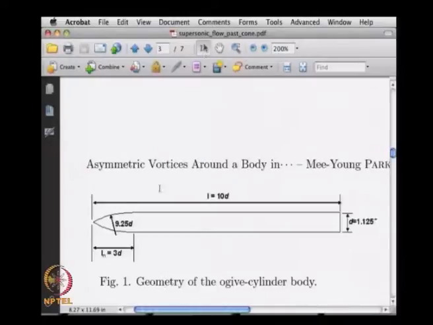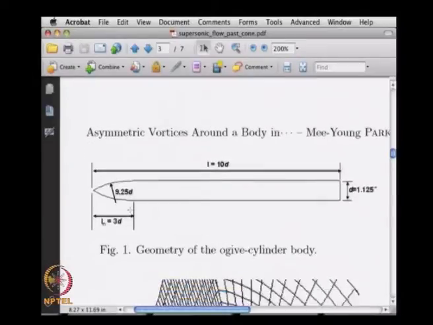This is Ln, I think, which is 3 times the D. From the cone vertex to the base is 3 times the D, and the entire length is 10 times this diameter. After all, it is a cylinder. So, this is the geometry that they are considering.